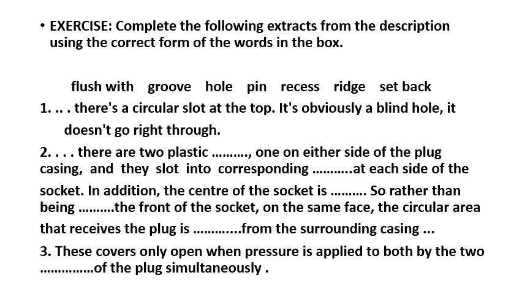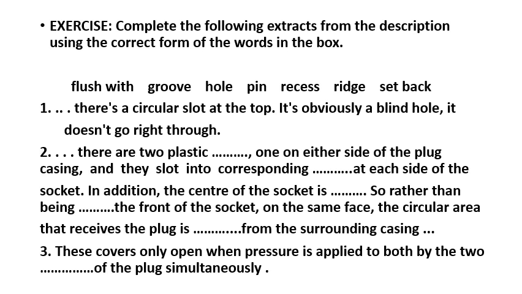And why did I use flush with as it is, in spite of the fact that this sentence again is written in passive voice? After being, I have to use the past participle, simply because the past participle of flush with is flush with as it is.